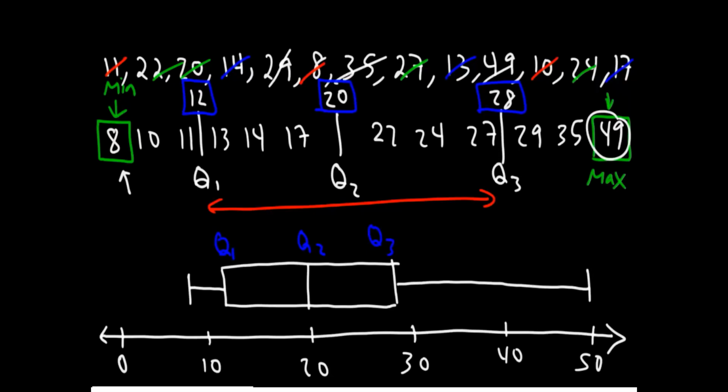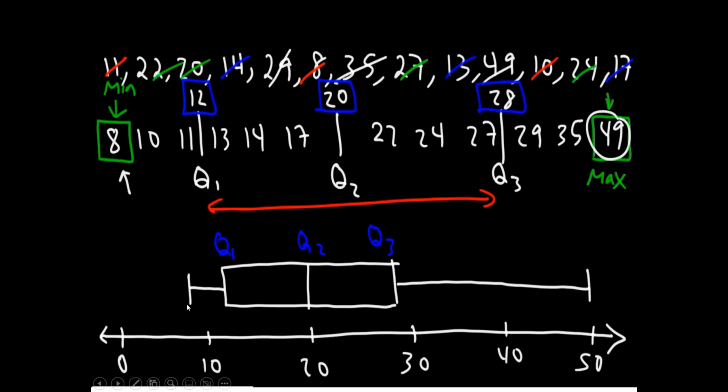And then down the bottom, I can draw a straight line from 0 to 50. My box plot is going to sit on top of that line, where the right whisker will be at 49, because that's the biggest number. My left whisker is going to be at 8.